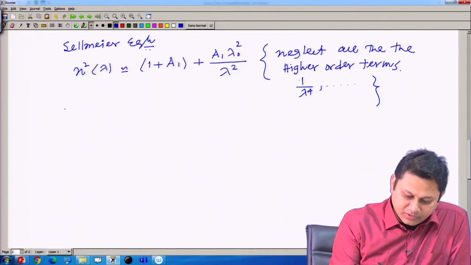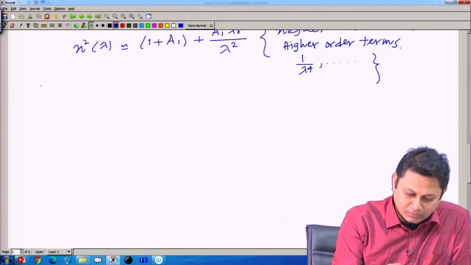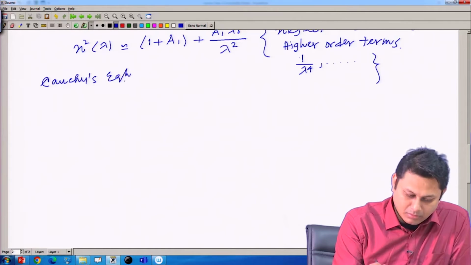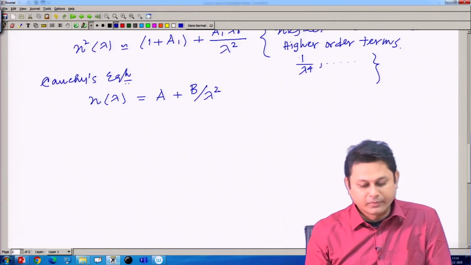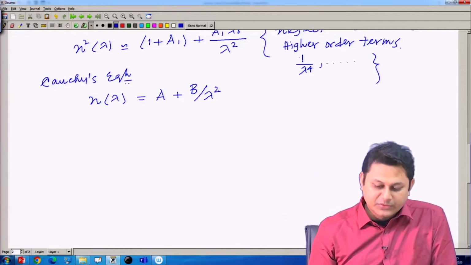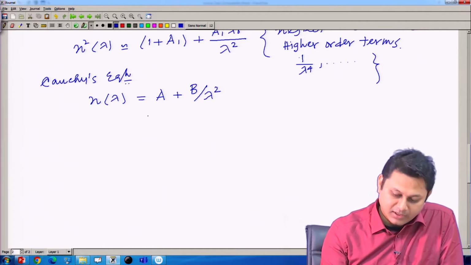Now, from Cauchy's equation I have n as a function of lambda as A plus B by lambda square. Also, I am not going to take any higher order term, only the first term in lambda square.